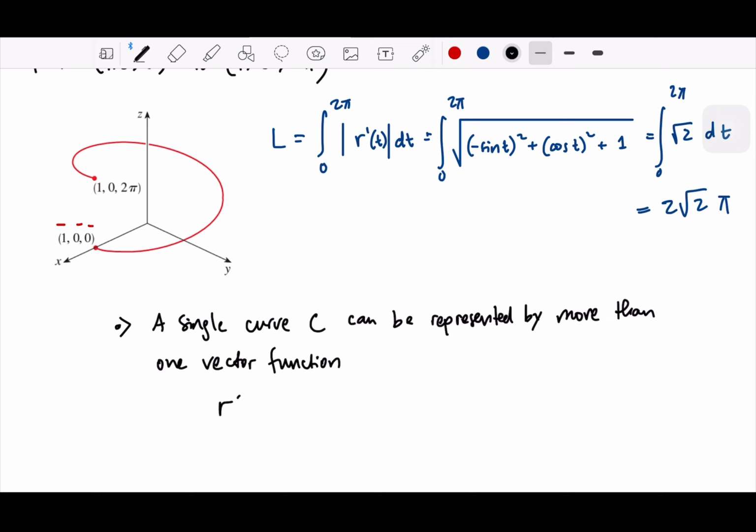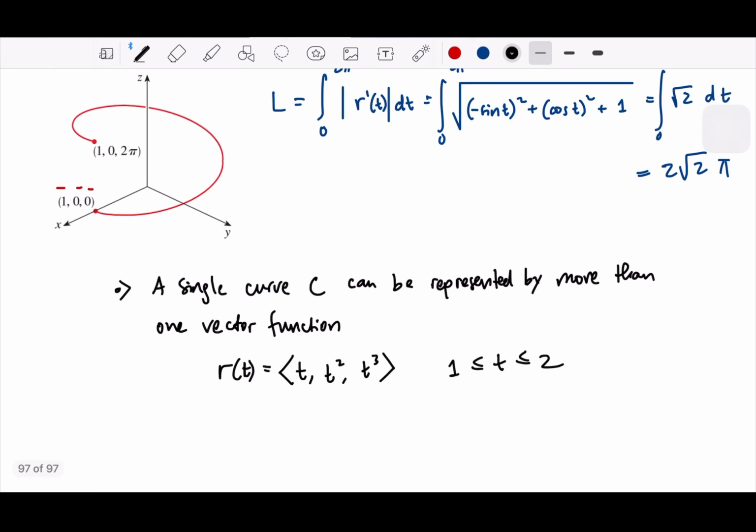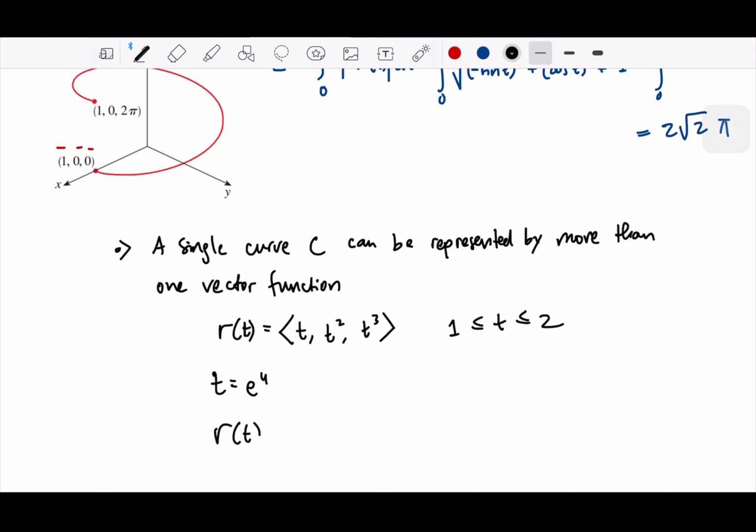For example, if you have this and you want to rewrite the form in a new parameter, if t is e to the power of u, then we can write this with a new parameter, and also a new interval.